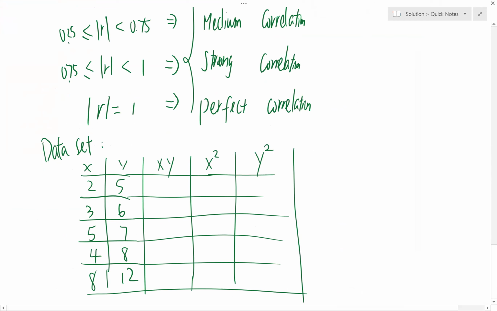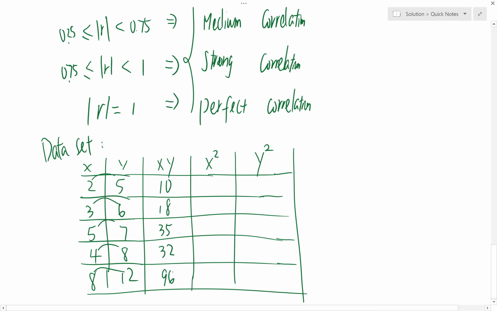First, let's complete the table. XY meaning X times Y. We multiply those, get 10. 3 times 6, you get 18. 5 times 7, that's 35. 4 times 8 is 32. And 8 times 12, that's 96.